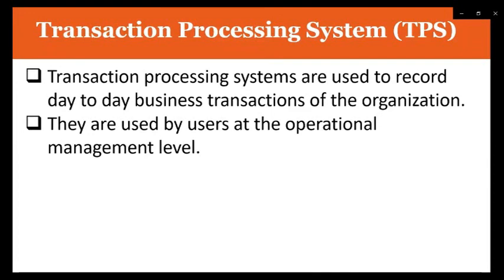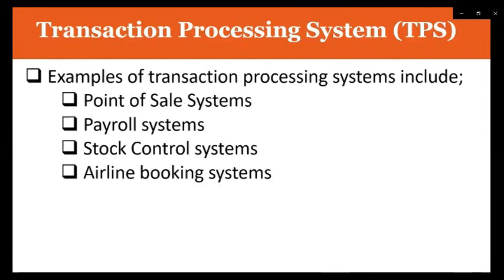If they do not meet the requirements, then the client is advised to see tactical management staff to see the possibility of signing an MOU. So that is under the transaction processing system. So we have here examples of transaction processing systems. We have the point of sale system that records daily sales.